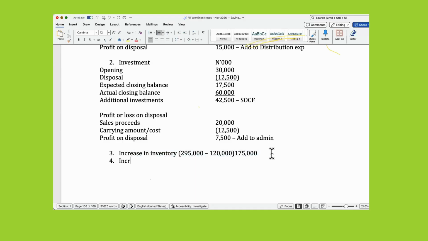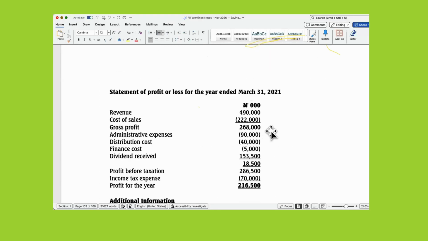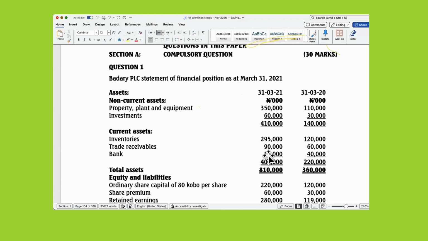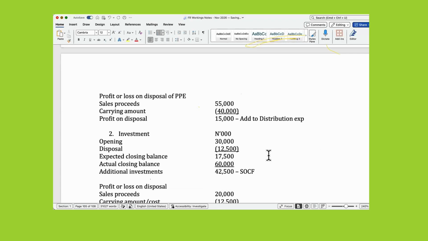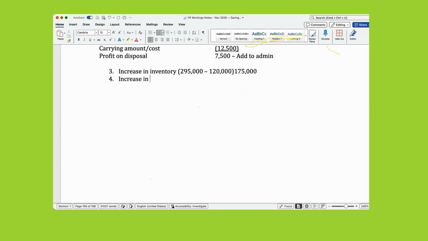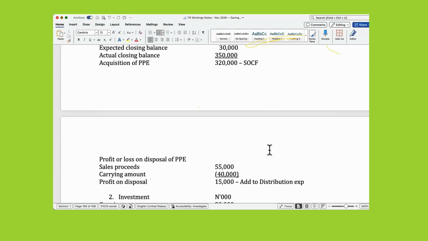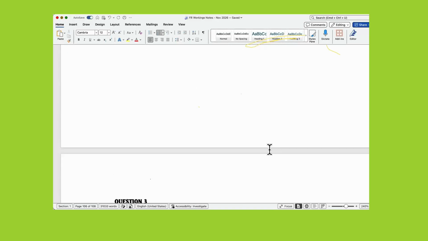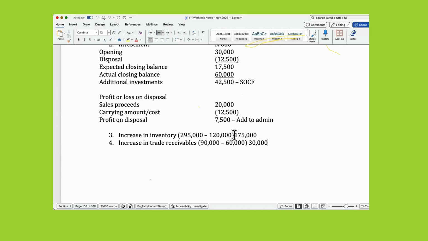Next one, let me confirm. There was an increase in receivables of 30, 90 minus 60. By the time you are used to solving statements of cash flows, you already know what you're going to be doing with this.